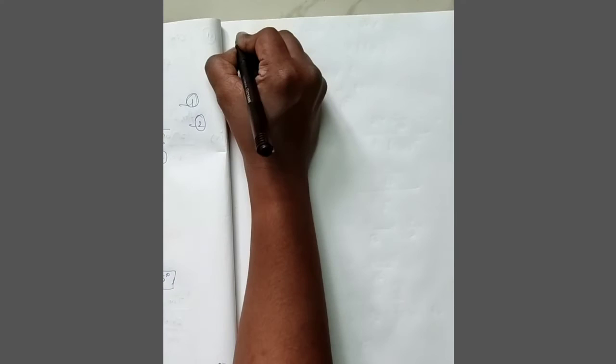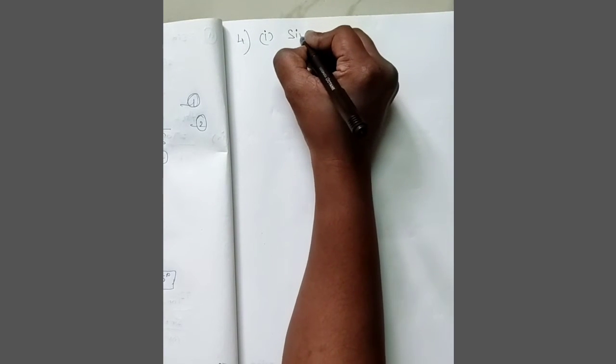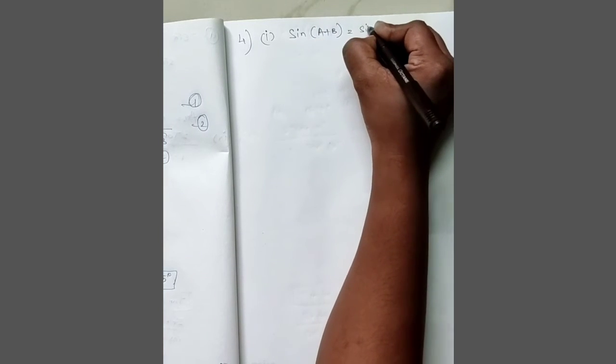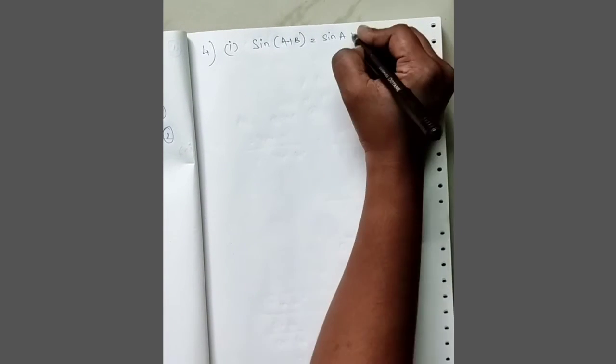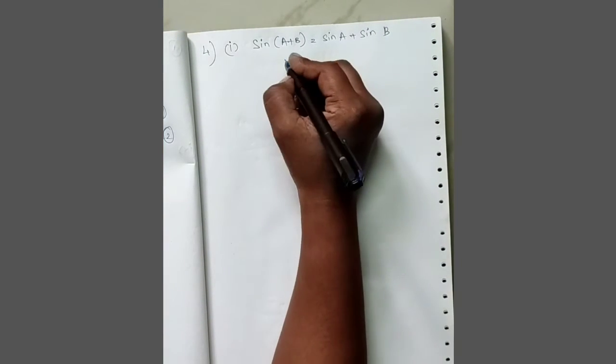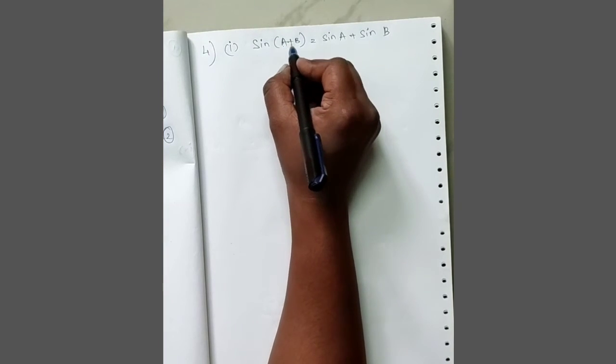We'll move on to the fourth one. First, what is asked is a true or false answer. They have asked whether sine of a plus b is equal to sine a plus sine b. For example, let's take this as 30 and 60.